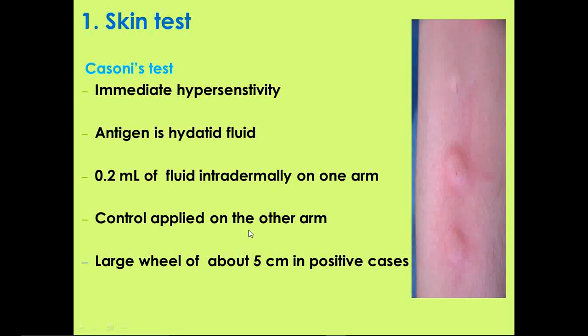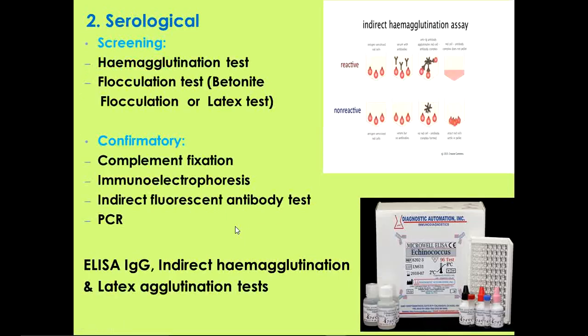Similarly, sterile normal saline, which is again 0.2 ml, is injected in the other arm, which serves as a control. Hydatid fluid from human cases, either removed by operation or from animals obtained from slaughterhouse, is used as an antigen. It's a sensitive test, but it is not that specific, and it is also obsolete nowadays.